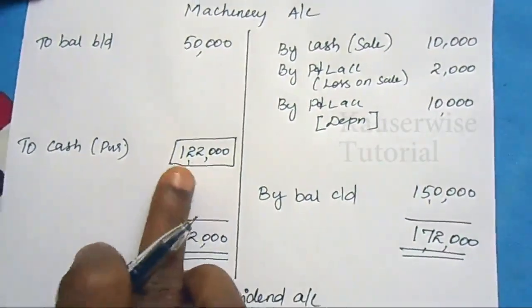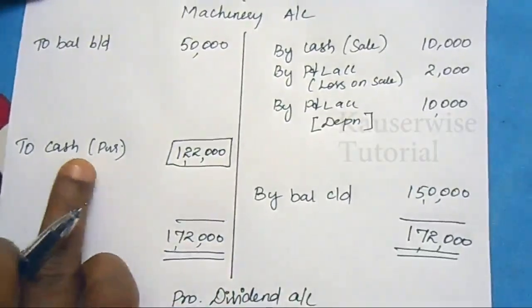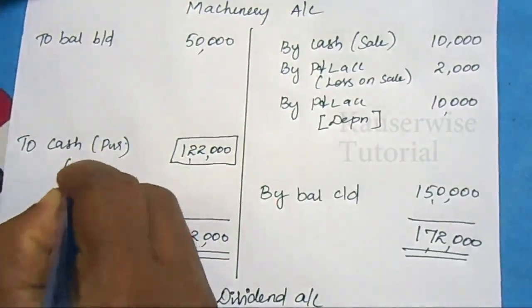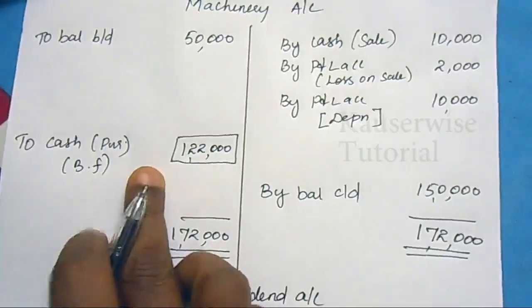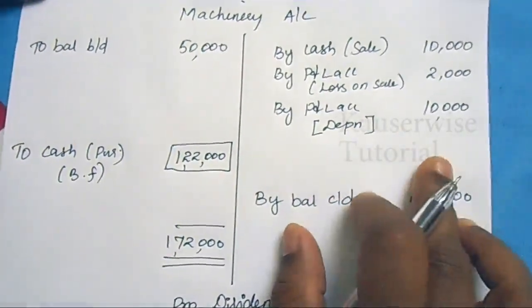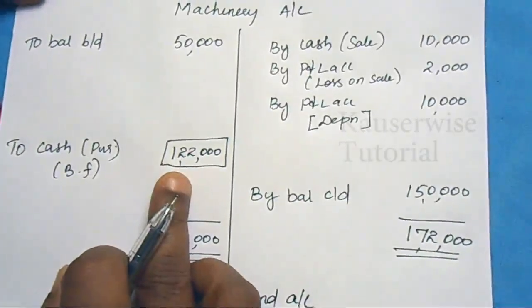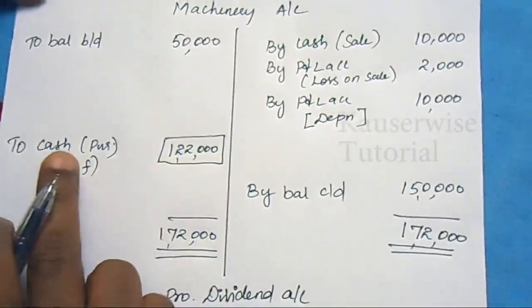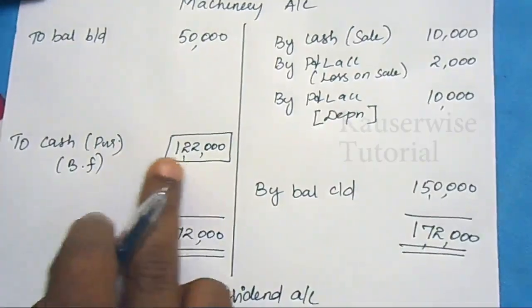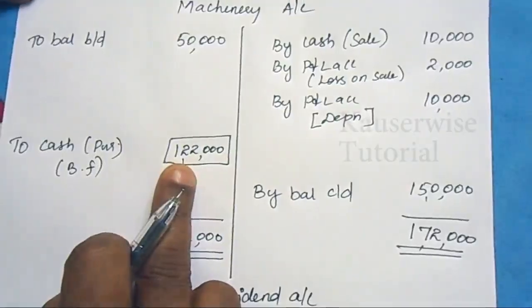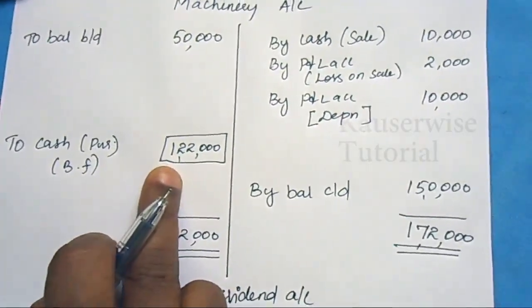So, if there is any debit side balance, it will be considered as a purchase of asset. So, to cash, purchase, balancing figure. If we get any balancing figure on this side, it will be considered as a sale of machinery. This will be recorded in application of fund. Why? Because when you purchase machinery or any asset, cash goes out. That is outflow of cash, which means application of fund.